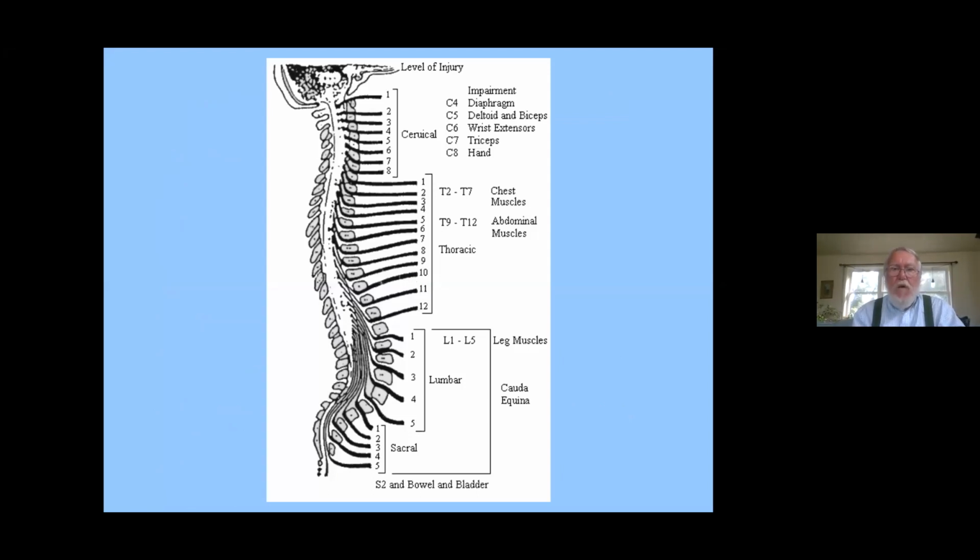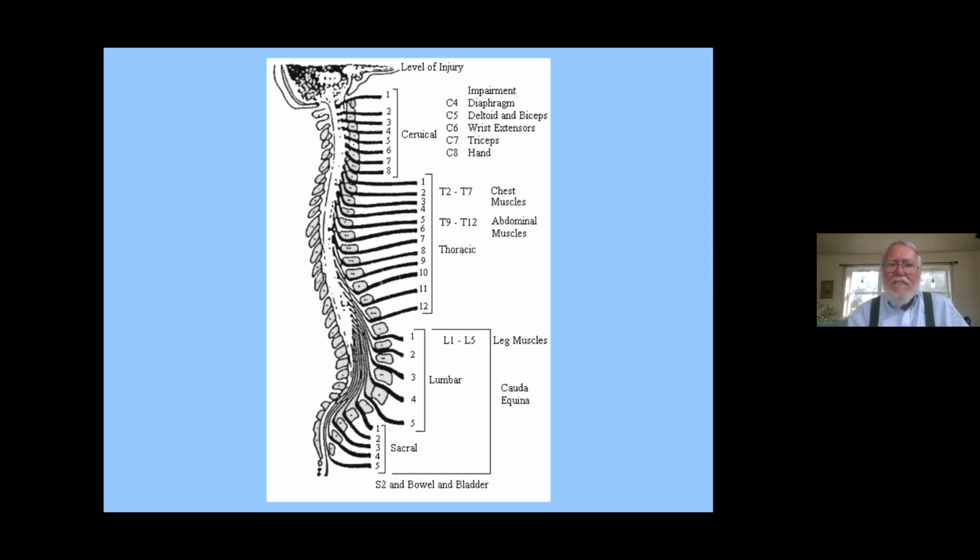So here we're looking again at the cord, and in relatively quick terms, we can see some of the very important types of functions that the different levels of the cord control.